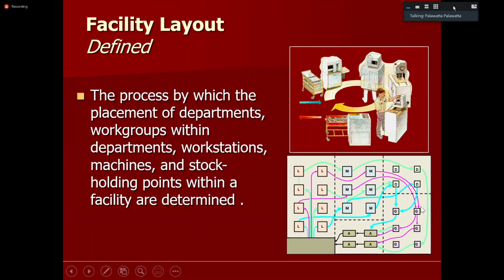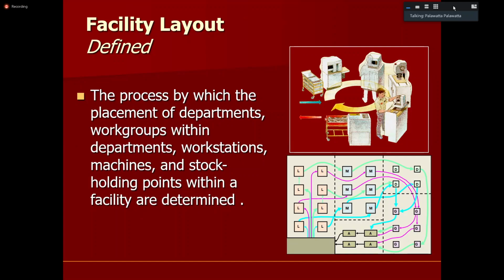So the processing requirement of G is to process two M, and then let's say processing the two M also, here G you get, let's say, two operations.